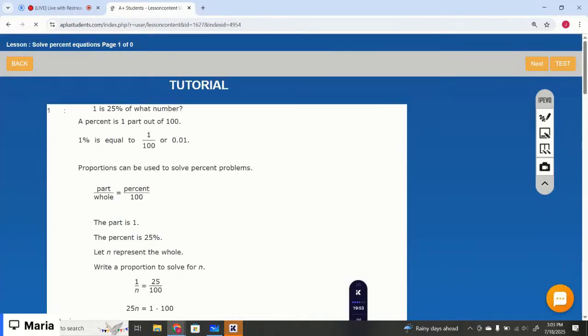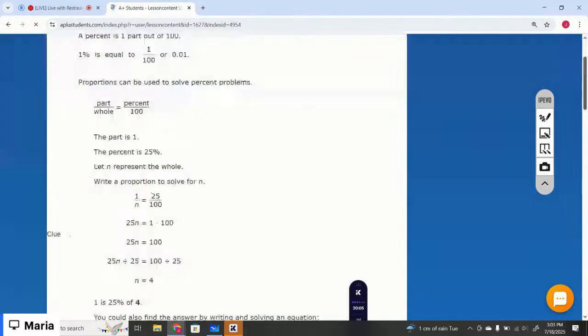1 is 25% of what number? So we need to calculate, 1 is 25% of what number? So basically we are given the part. We need to calculate the whole number, right? So just make a proportion that would be 1 over n equals 25 over 100.